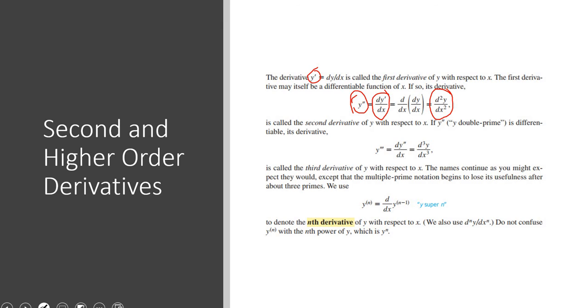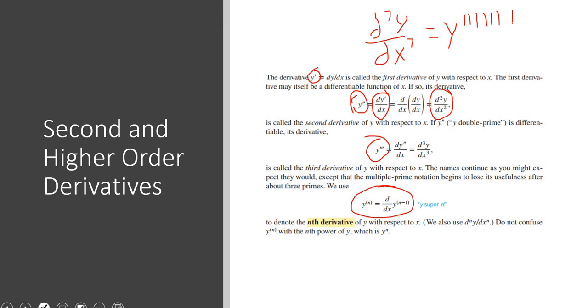Now, if you keep taking derivatives, eventually it's going to look a little bit strange if you have 4 or 5 different apostrophes here, if you have y triple, quadruple, or fifth prime. So it's much easier to just label your derivative like this, using the Leibniz notation.